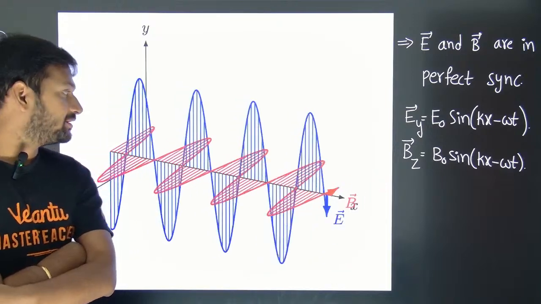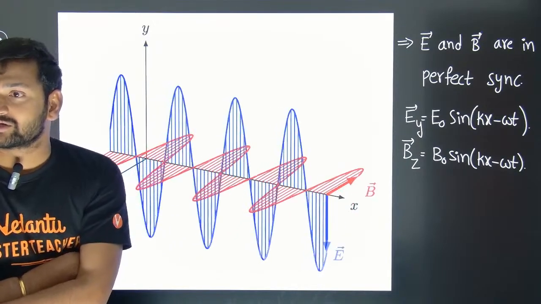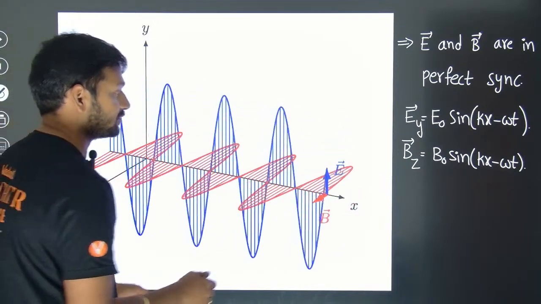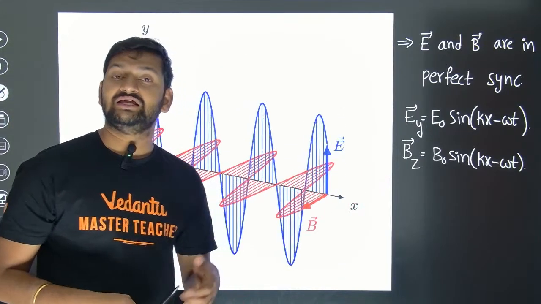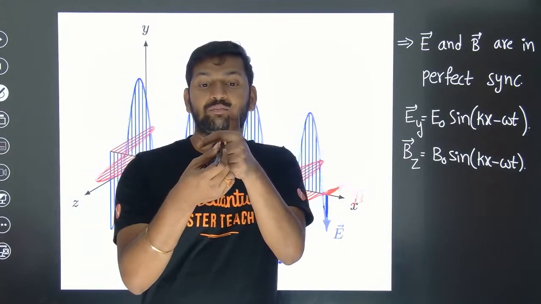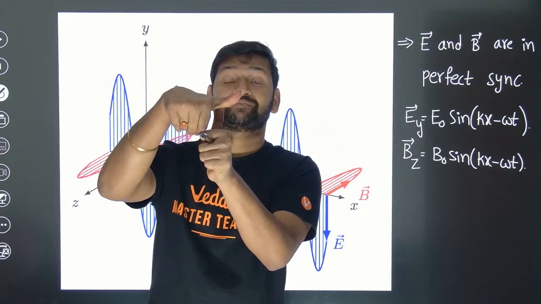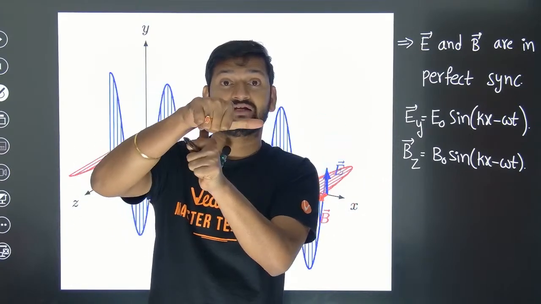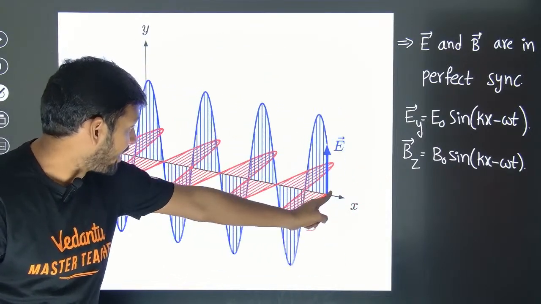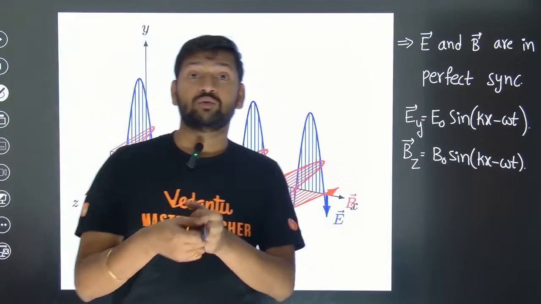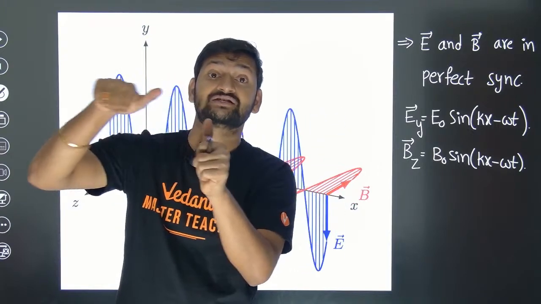Now you only tell me, can you find out the direction? All you have to do is, at a particular instant, let's say when E is along Y and B is along K. What is J cross K? J cross K will be I, right? When the electric field is in the J direction and the magnetic field is in the K direction, J cross K gives us I cap.